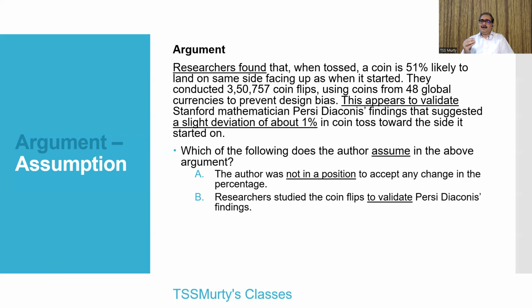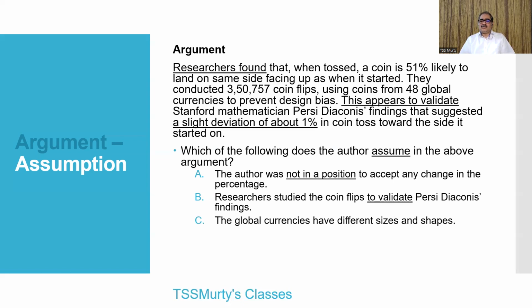It is neither to validate nor to invalidate. So this choice appears to be incorrect and it is not a possible assumption. But there is every possibility that some students might run away with this as a possible assumption.